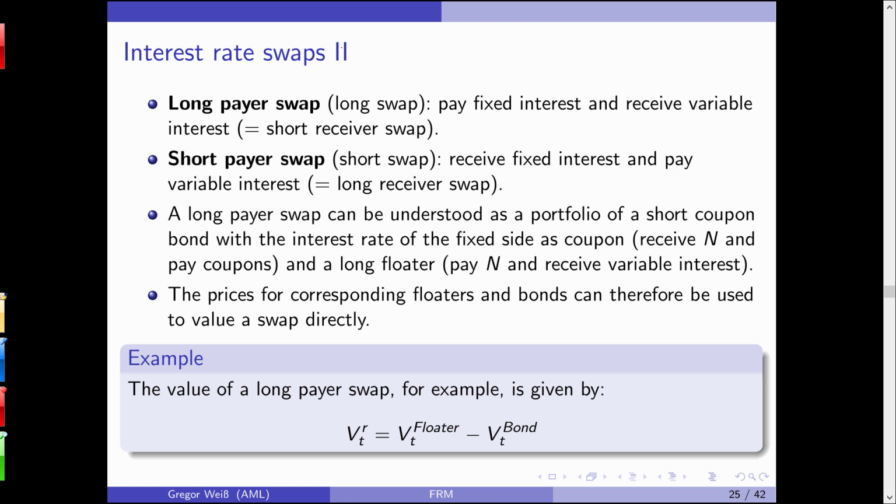If you know this, you can combine the present value of a floater and the price of the coupon bond, and the difference will be the value of, for example, a long payer swap. In this case, it's just the price of a floater minus the price of a bond. You're getting the variable payments and you have to pay the fixed payments, so you are interested in the price of the floater and you have to pay the price of a coupon bond.